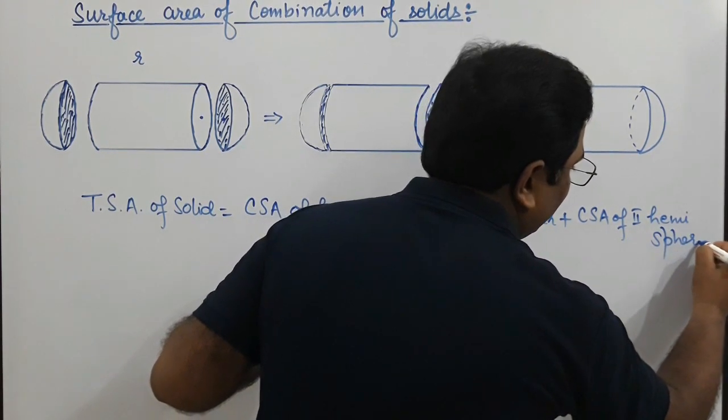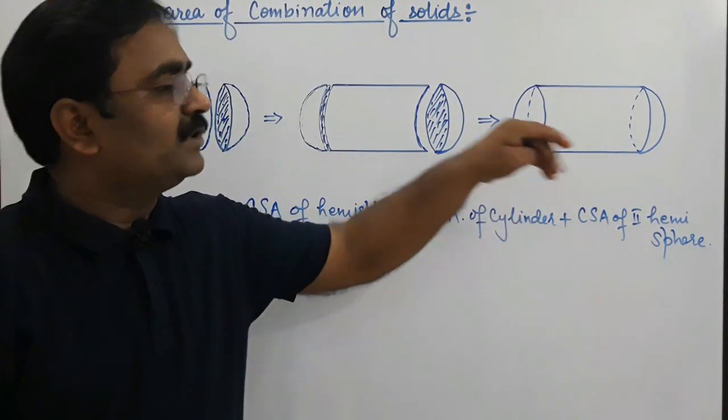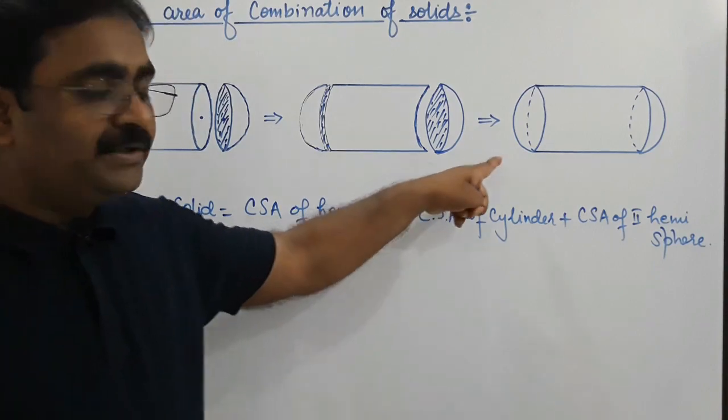Okay, so with the help of this formula we can find the total surface area of the solid obtained, right?